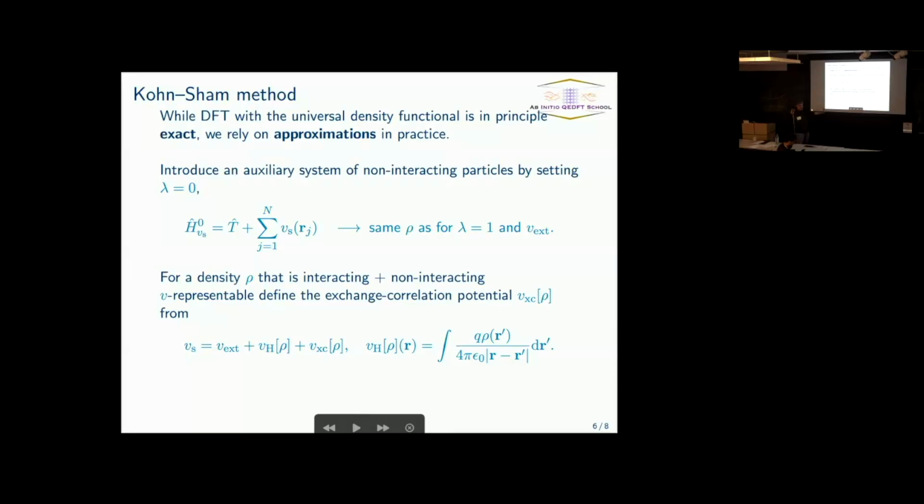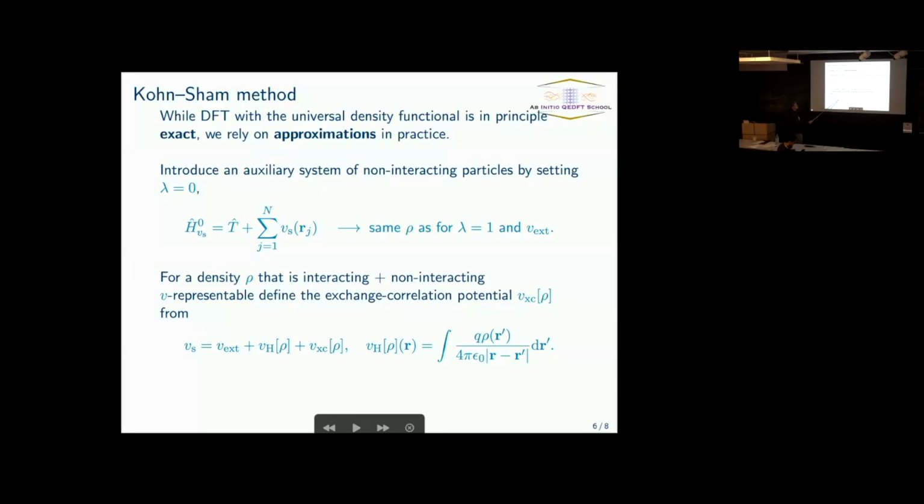I have two different systems, one interacting, one non-interacting, with different external potentials, but they are connected over the density variable. They give the same internal variable, the density. And this creates this connection that I will use to derive what you will see here.